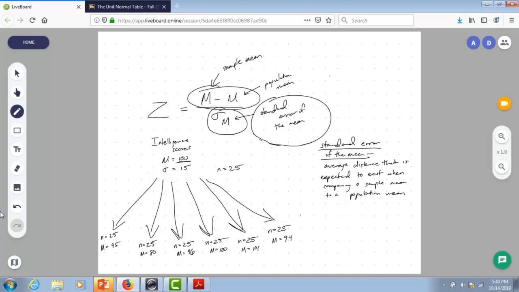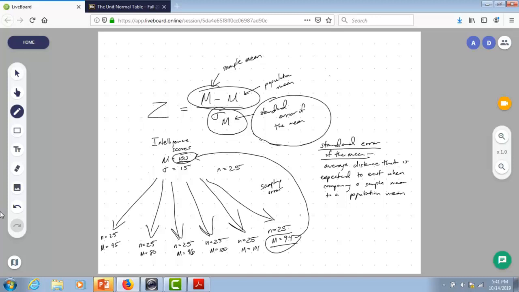This is just a hypothetical scenario. We are very likely to get a whole bunch of different sample means. In other words, our sample is not necessarily going to be the equivalent of the population. So the statistic may not be an exact replica of the parameter. The likelihood of these things being off is called sampling error.